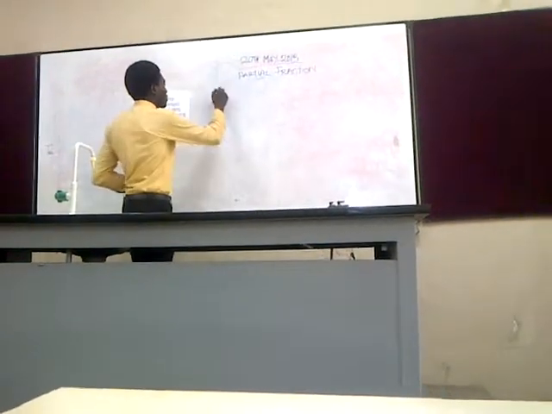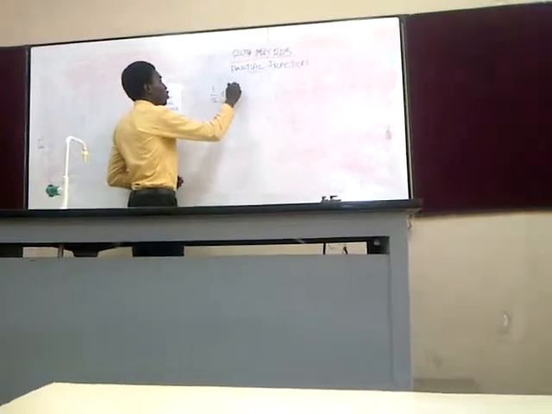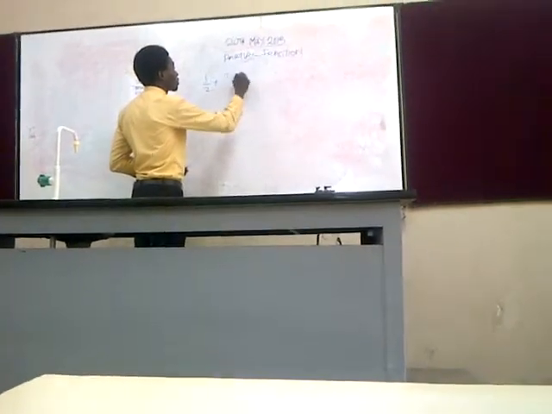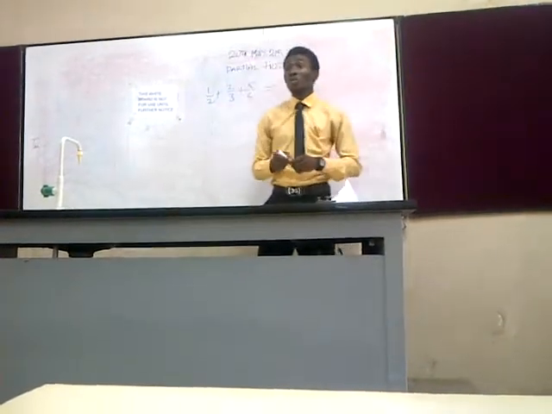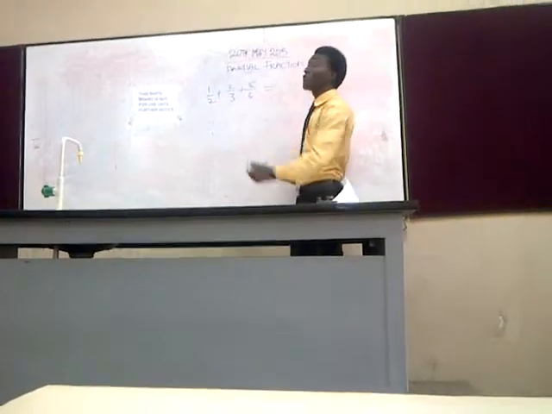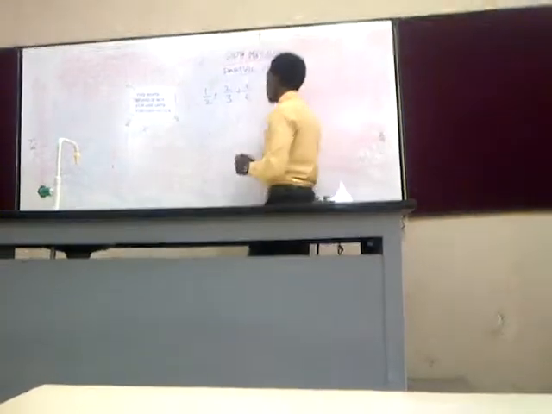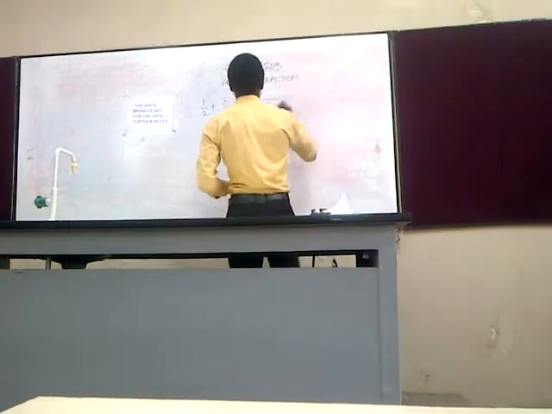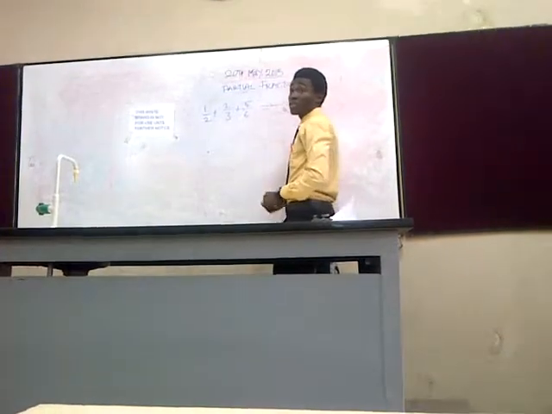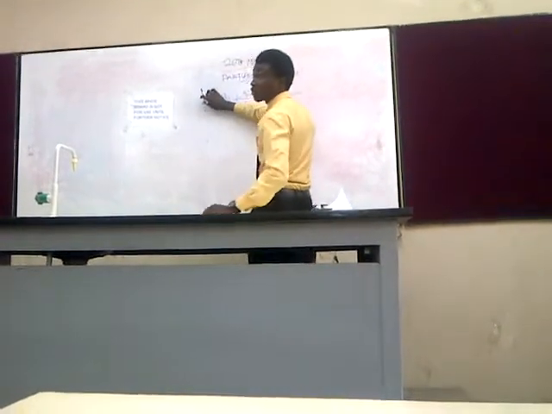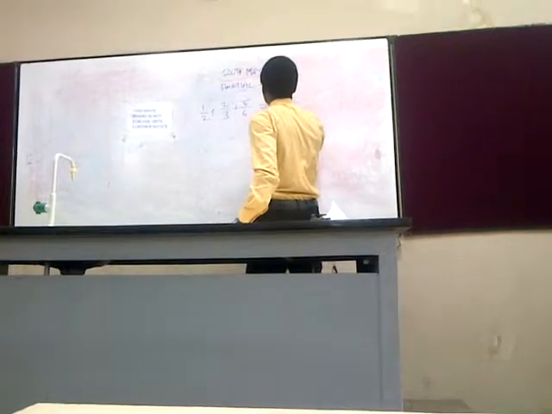If we are to add 1 over 2 plus 2 over 3 plus 5 over 6, what's the first thing we do? Look for the LCM. What's the LCM of this? 6. So the next thing we do is to say, how many 2s can we see in 6? 3. Multiply by 1. That's 3.